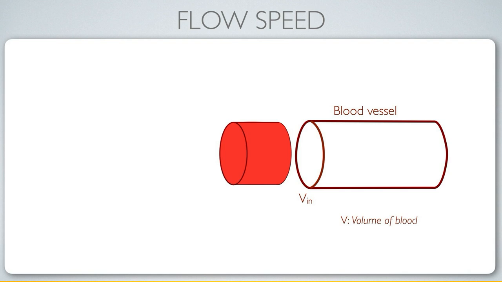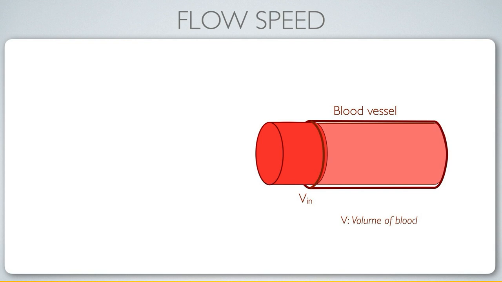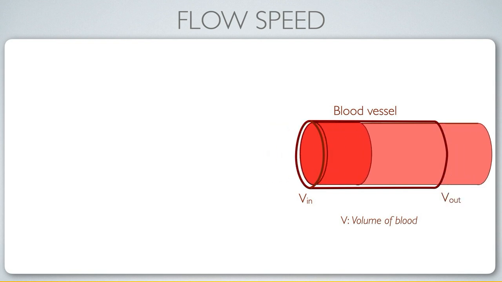And if this is full of blood, then as we push that volume in one end, then we would expect a comparable volume, exactly equal, in fact, to come out the other end. So the volume in equals the volume out for a closed system. That is, we're not adding any liquid as it passes through this vessel.